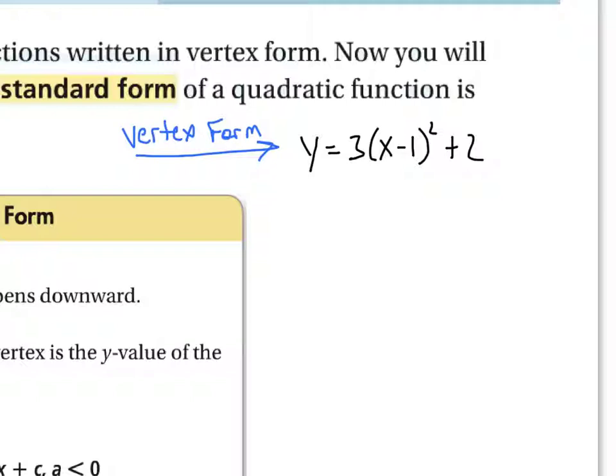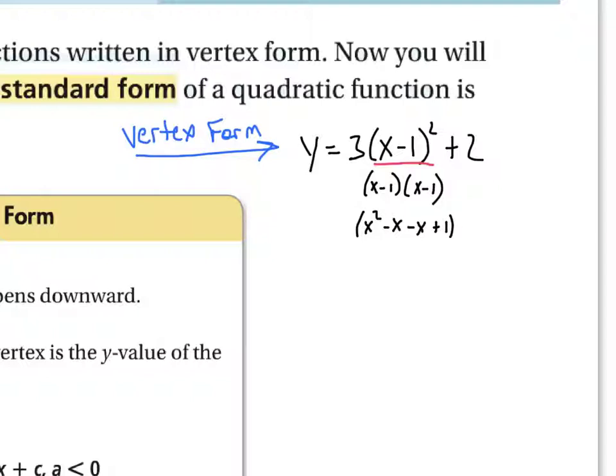So to write this in standard form, I need to multiply x minus 1 squared. So that means I take x minus 1 times x minus 1. So I've got to FOIL that, right? So that gives me x squared minus x plus 1.